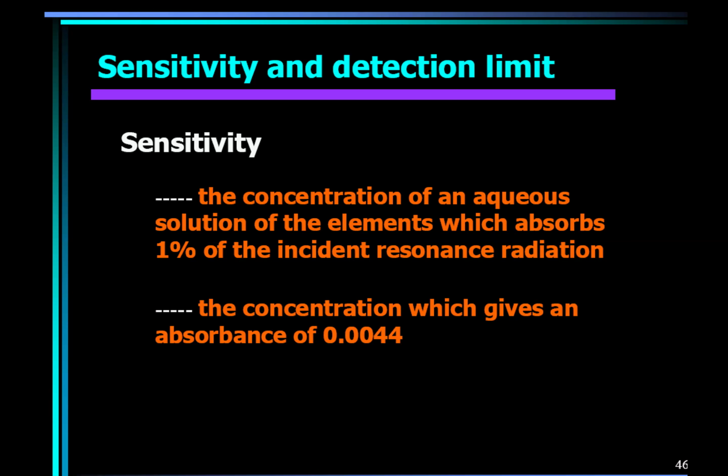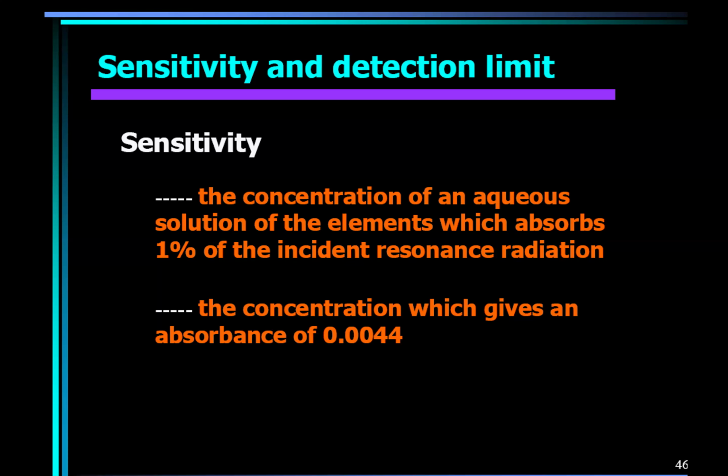The resonance radiation corresponds to the wavelength. So it's 1%. If it absorbs 1%, remember that is sensitivity, 1%, that means 99% can be transmitted. So that is just by definition that we have come with.